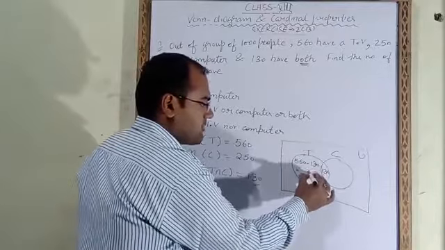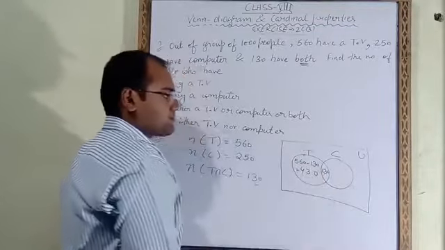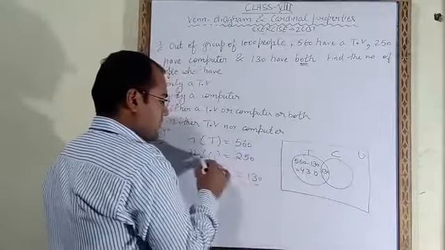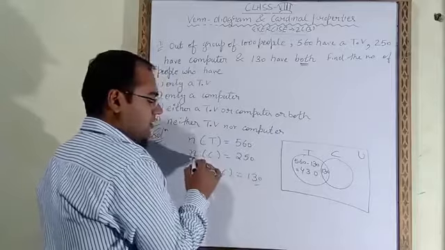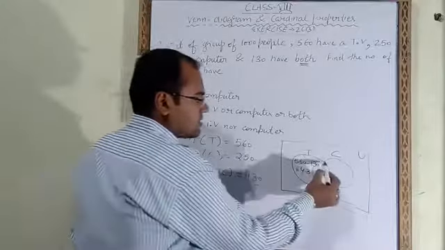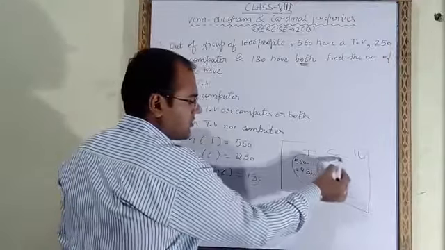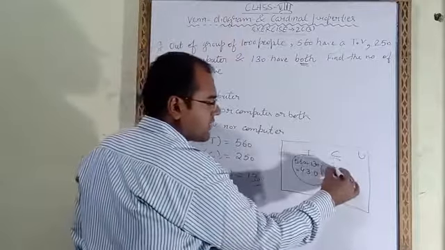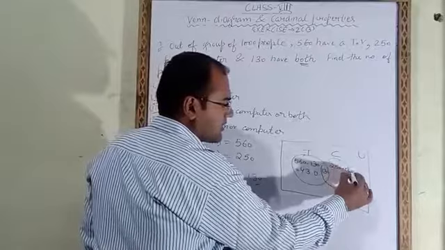So the answer will be 430. Now computer, the number of people who have computer is 250. So this C circle is of 250, but 130 we have already written here, so we will write here 250 minus 130.